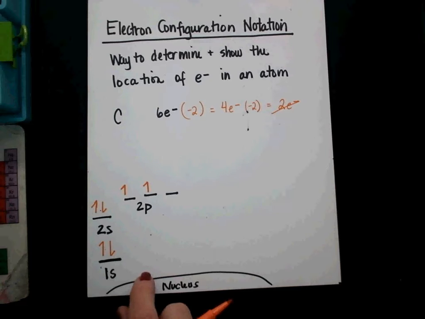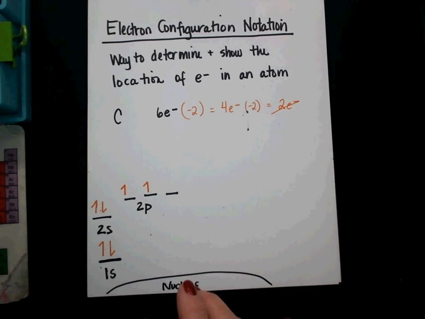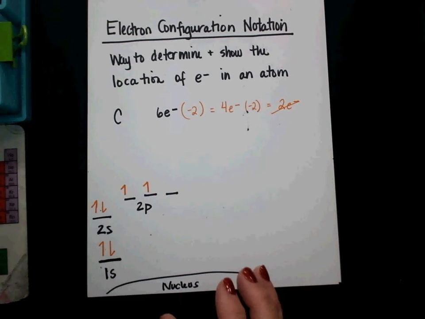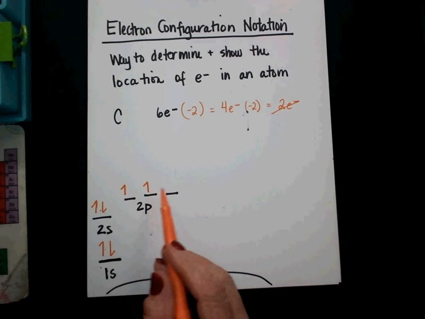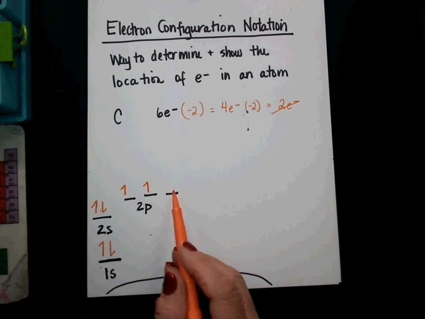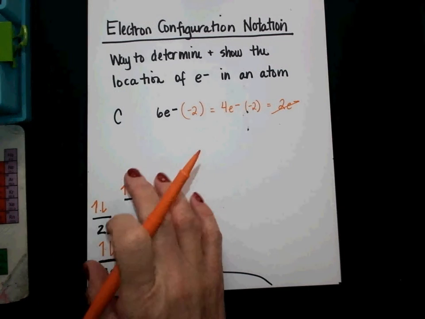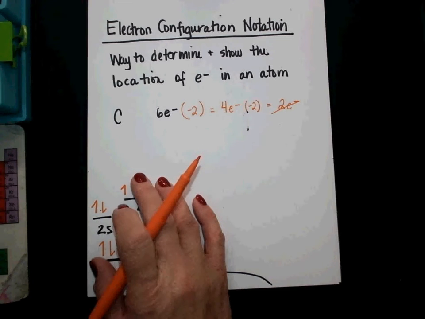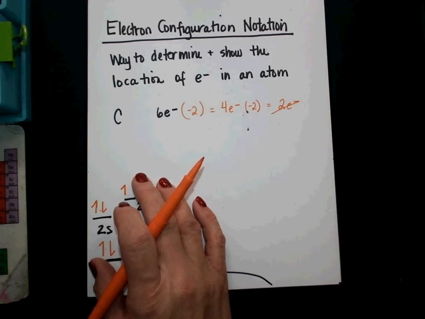I could say, how many total electrons are in the second energy level? And you would have to add them up and tell me 4. I could ask you, how many electrons would be needed in order to fill the 2p sublevels? And you would look at what you're missing, and you would go 1, 2, 3, 4. So there's all kinds of questions that can be answered using these diagrams.